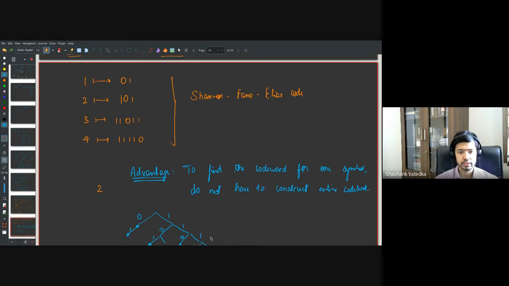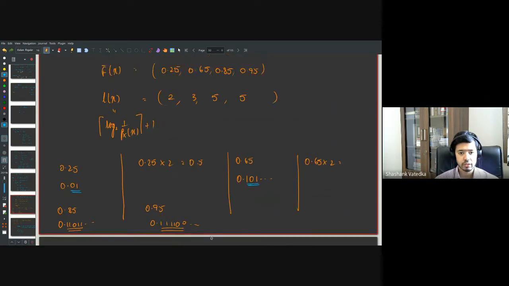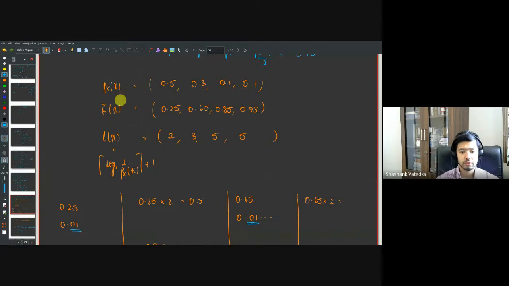So, for example, if you recall in the Shannon code, each symbol was represented using only ceil of log 1 over p of x bits, not ceil of log 1 over p of x plus 1 bits. So you're always one bit worse. Every code word is one bit longer than the Shannon code.